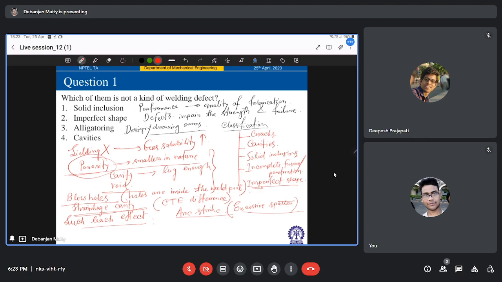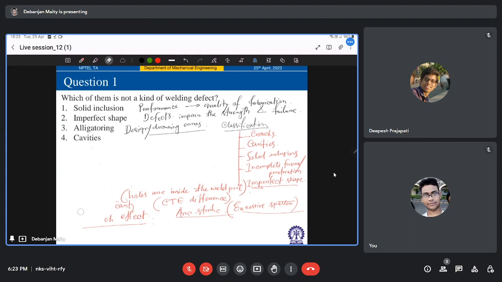And because of those excessive spattering, you can have rough surface generation, right? And that is another kind of defect which is likely to come in the case of welding.